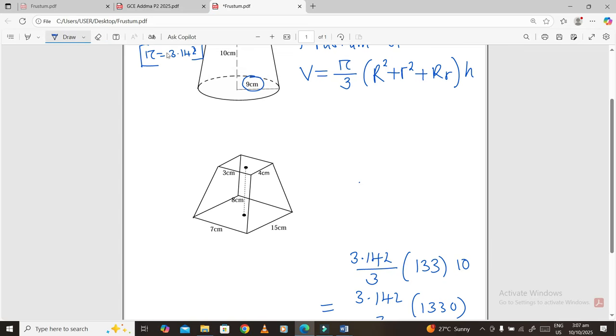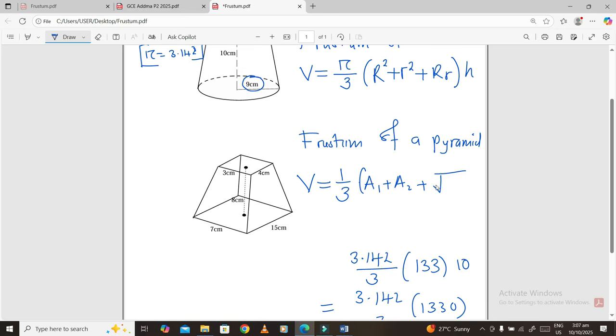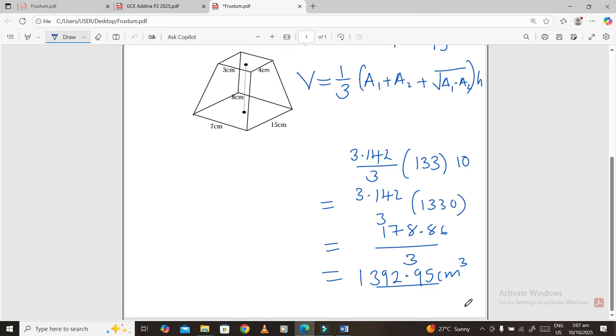Here we are dealing with the frustum of a pyramid. So volume is equal to 1 over 3 open bracket A1 plus A2 plus square root of A1 A2, close, and H. That's the formula you need.